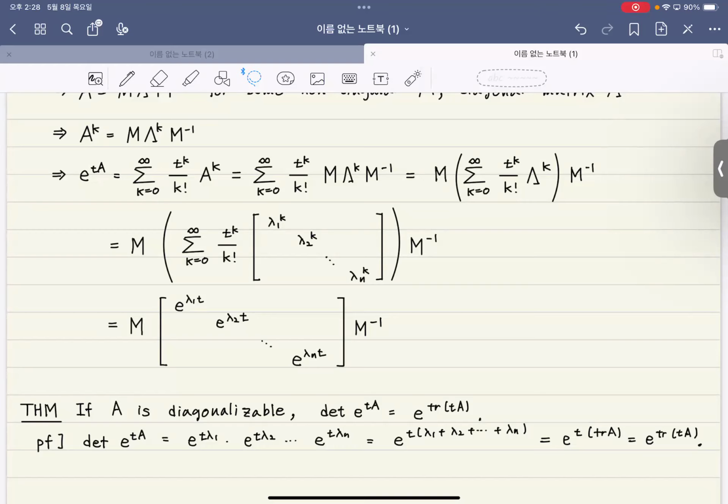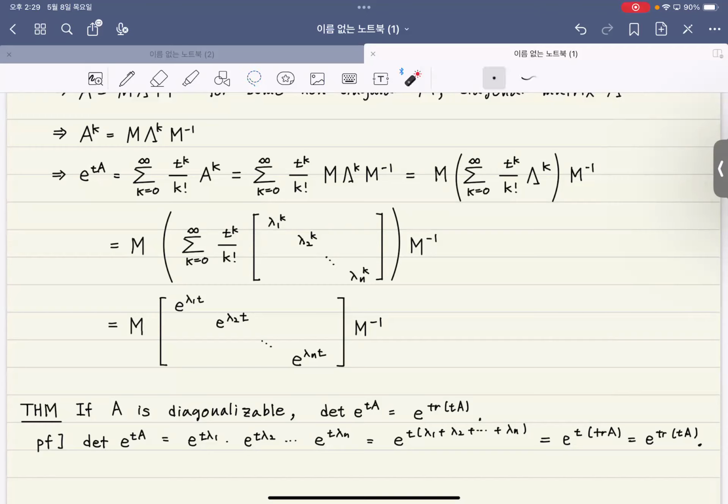This is just some number. And this number is the exponential of, this is not a matrix exponential, but just a regular exponential that we have learned in calculus 101, the exponential of the trace of this matrix. Do you remember the trace? What was the trace? The sum of all diagonal entries. Good.